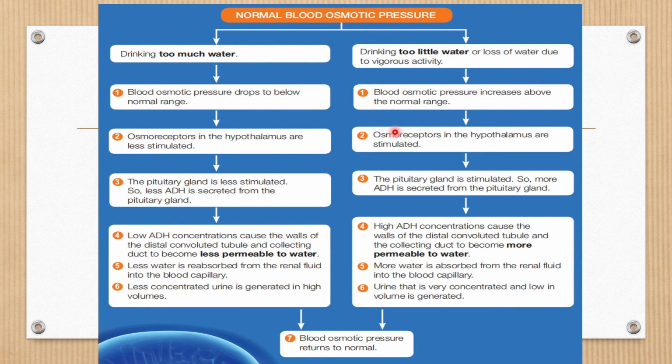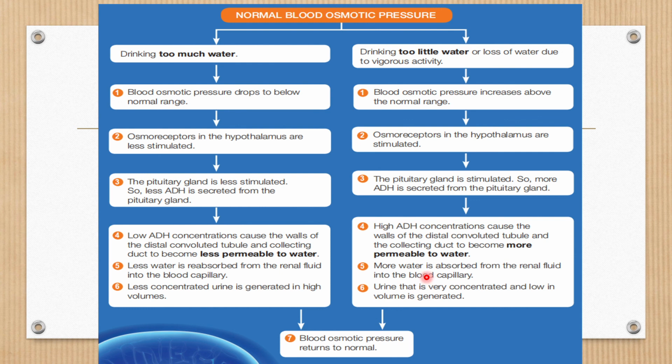Less water, so osmoreceptors in the hypothalamus are then stimulated. This will cause the pituitary gland to be stimulated, hence more ADH is being secreted. So high ADH, what will be the effect? It will cause the walls of the distal convoluted tubule and collecting duct to become more permeable to water.